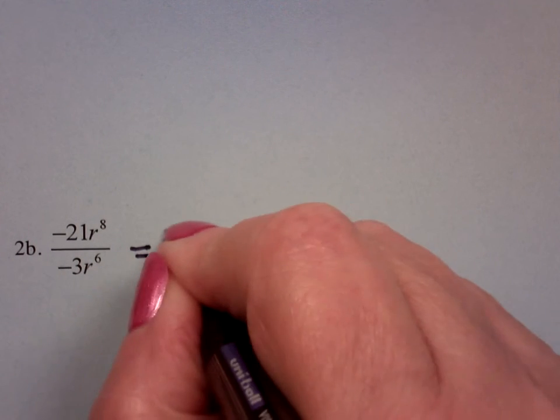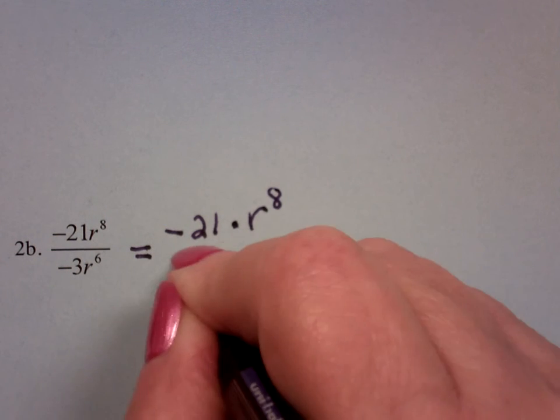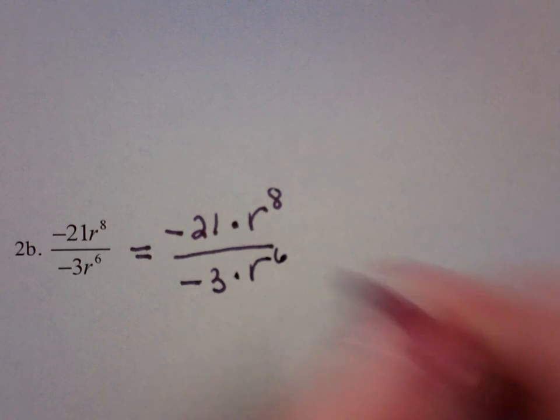So what we term cancellation is really the subtraction process. Now, when you look at this, this is really negative 21 times r to the 8 divided by negative 3 times r to the 6.